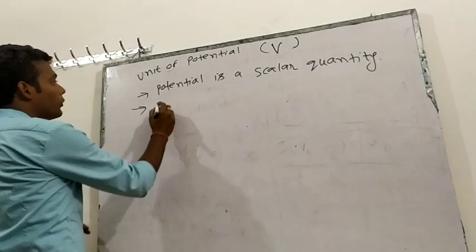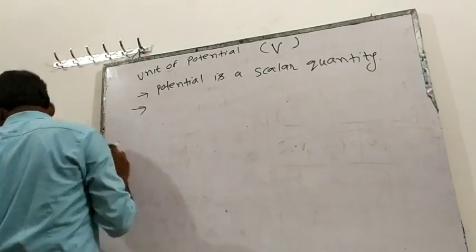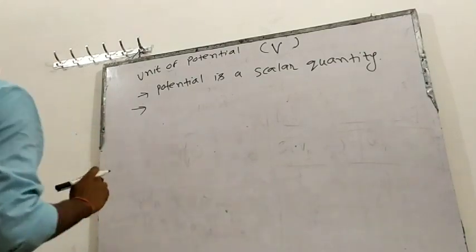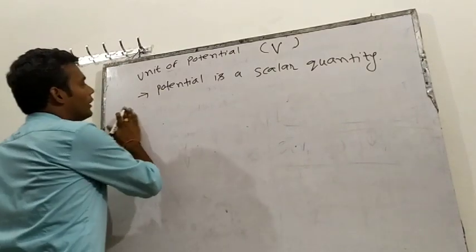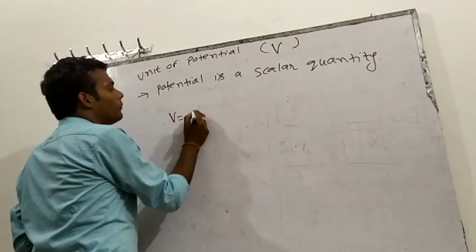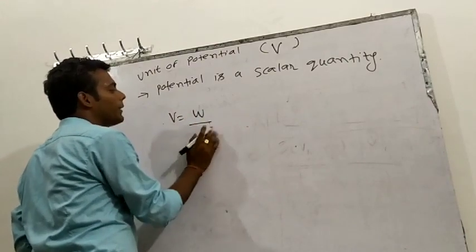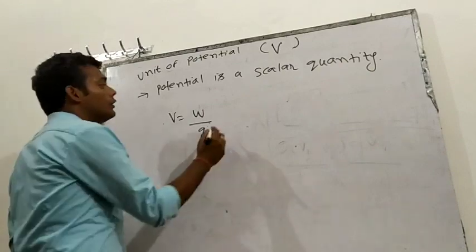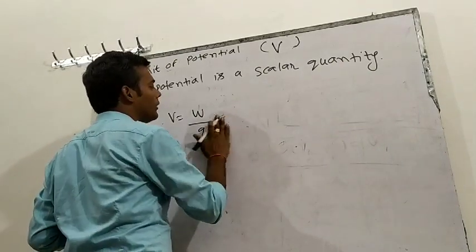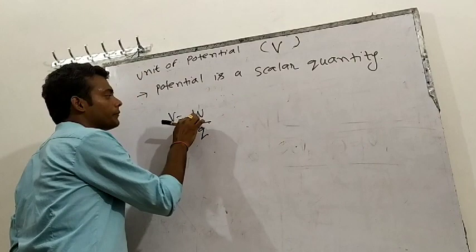And next, what will be the unit of potential? Volt, or there is one more unit. See this: potential is defined as work done per unit charge. V is equal to W by Q. So there can be one more unit.